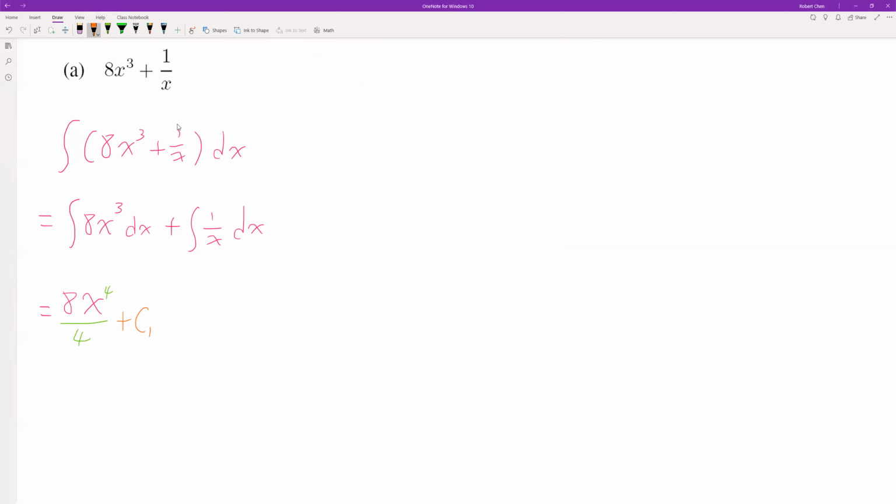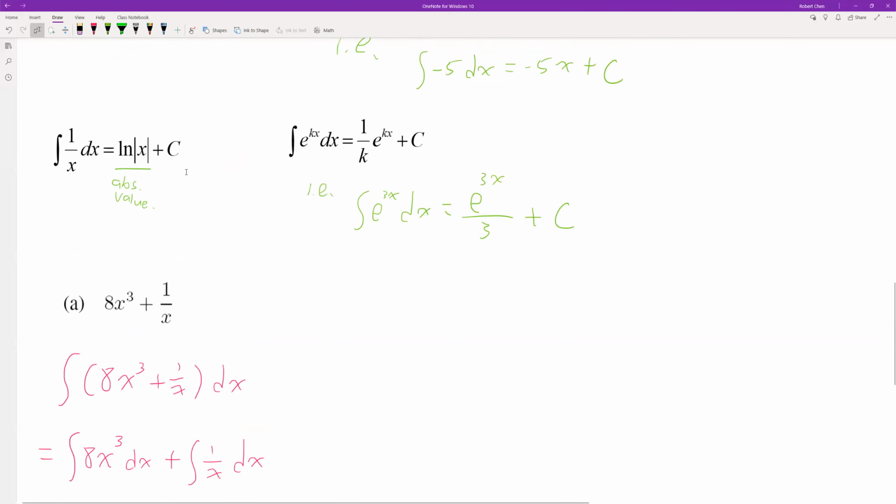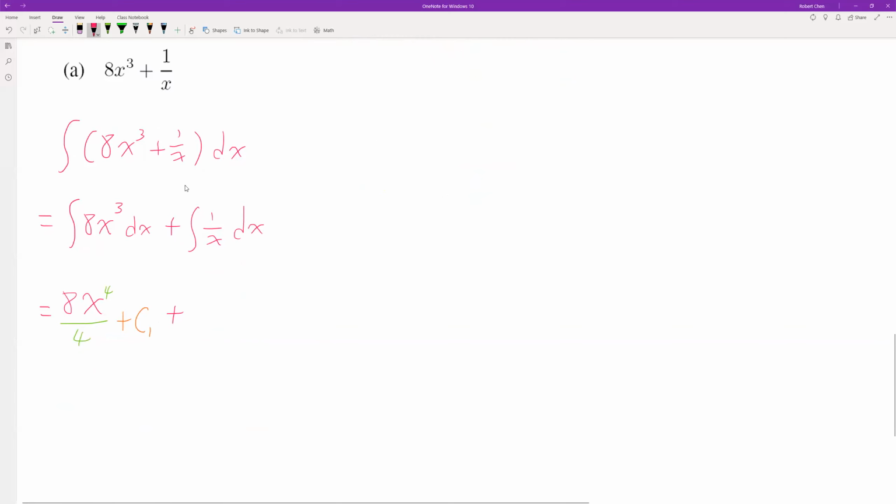So this is the first constant that we get from the first integral, so I'm going to call that C1. Next, plus the integration of 1 over x, as we know from earlier, is ln of absolute value of x plus c, right? So this is ln of absolute value of x and then plus c. Now, in this case, I'm going to call that C2, right? Because this is the constant that we get from the second indefinite integral.